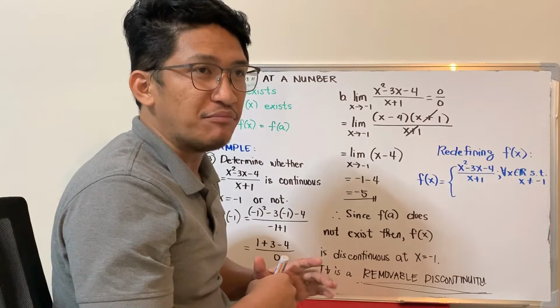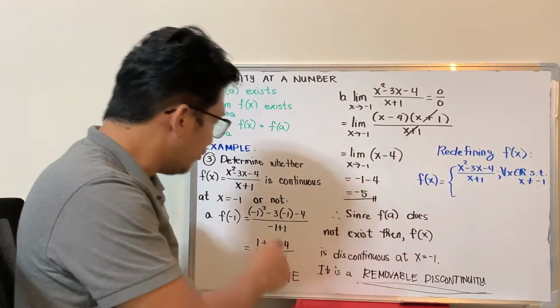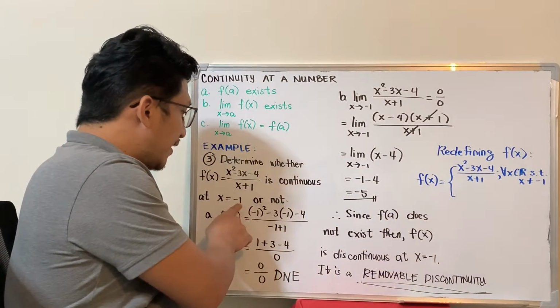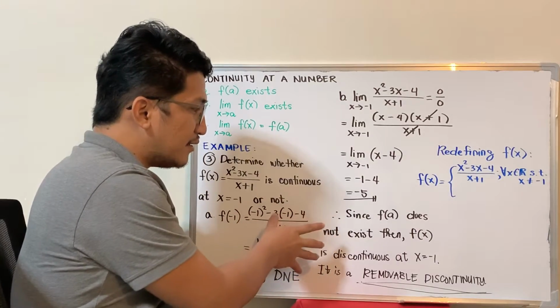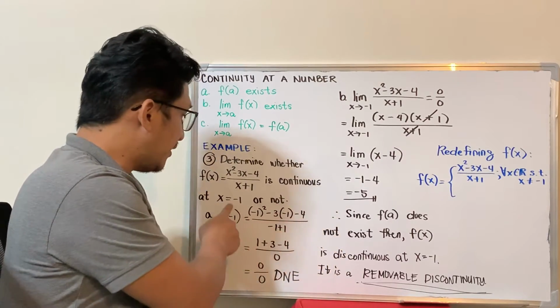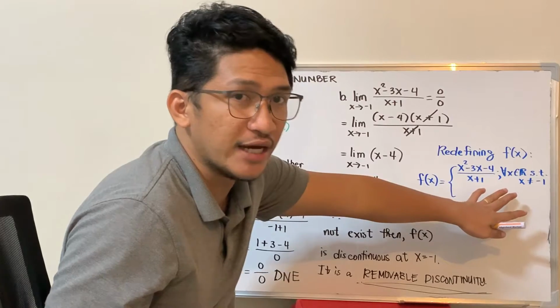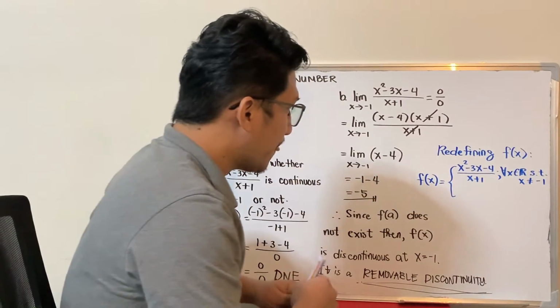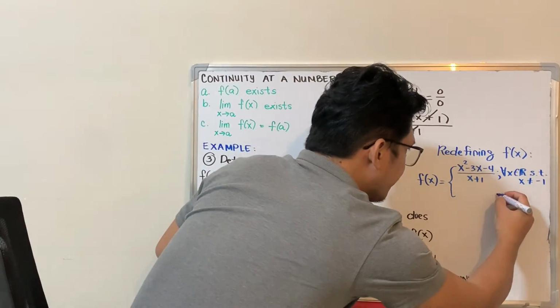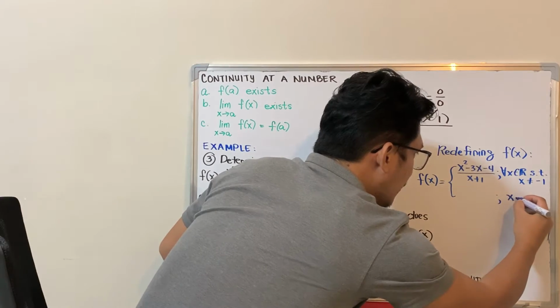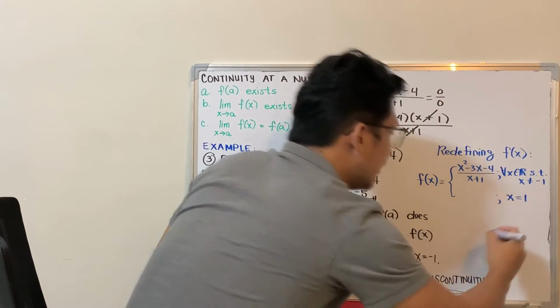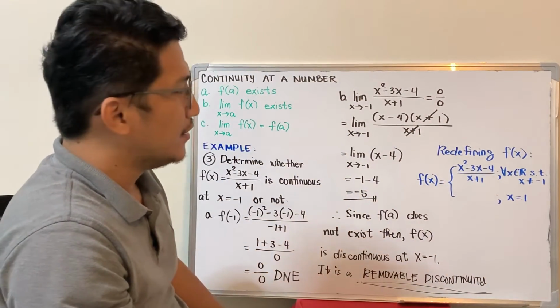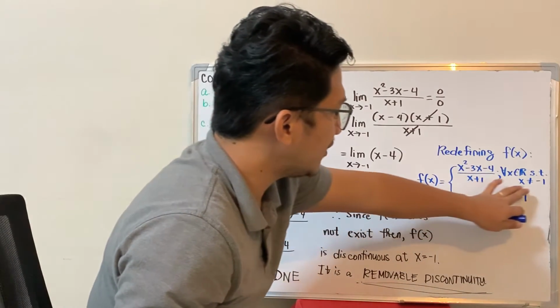Again, why do we not include negative 1? Because if we do that, we have already proven that it is discontinuous at negative 1. So, it cannot be included. Okay? And then, to make the function continuous, you have to include negative 1 in the redefined function. So, earlier, it was restricted at negative 1.